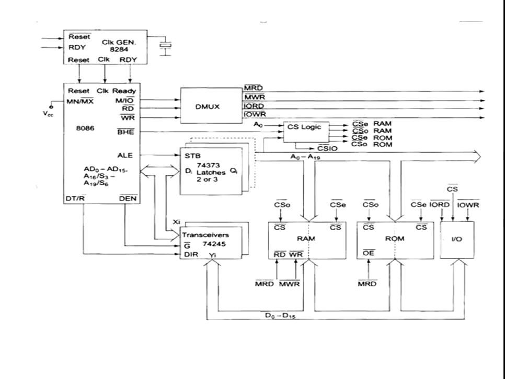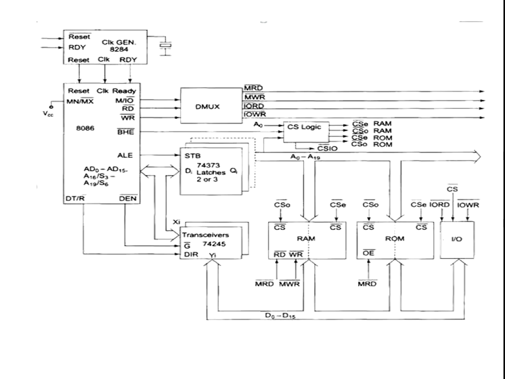Next we can see the transceivers. In this figure we can see the 74245 transceivers. They are bidirectional buffers and sometimes they are called data amplifiers. They are required to separate valid data from the time multiplexed address or data signal. They are controlled by two signals, DEN bar and DT/R bar.